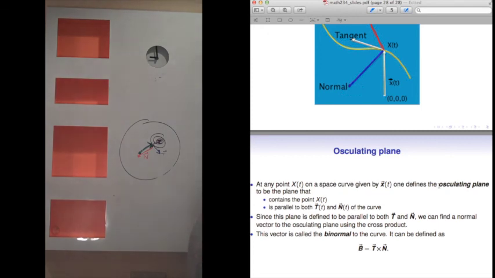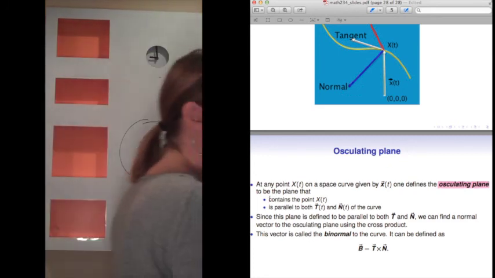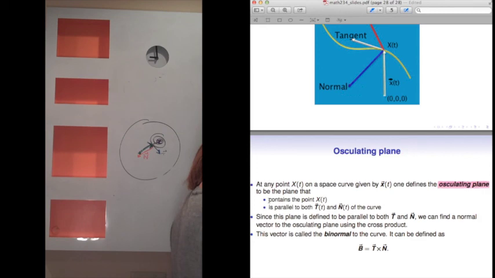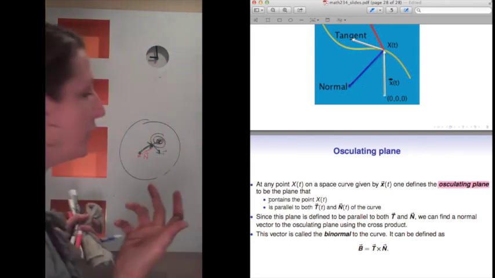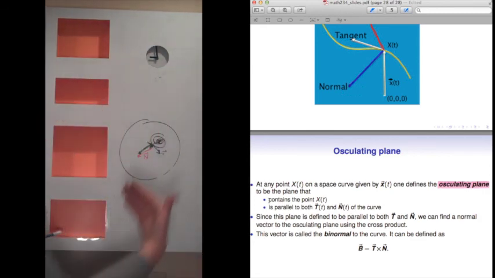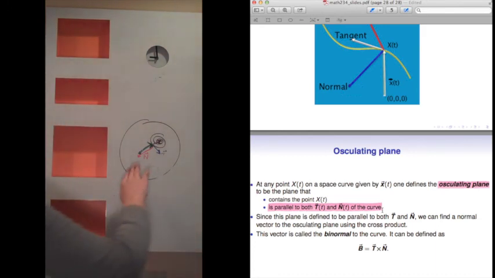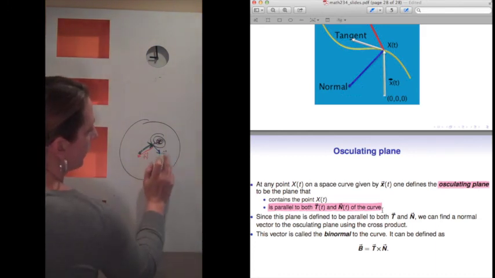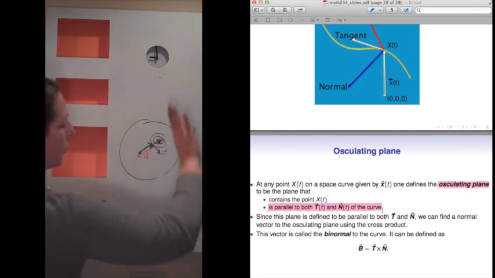But anyway, let me leave you with one last definition, which is something called the osculating plane. I told you how to get this binormal vector, but the binormal is the normal to the plane that contains the tangent vector and the normal vector.